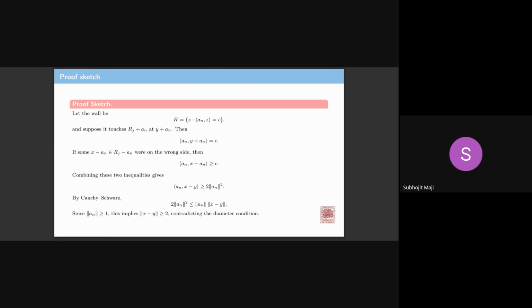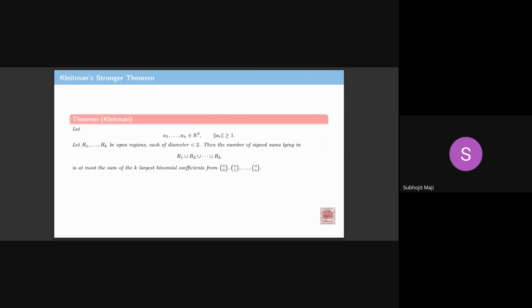As x and y are two points in Rj, and Rj has a diameter of length at most 2, which was a given condition if you remember, each of these diameters is at most 2.